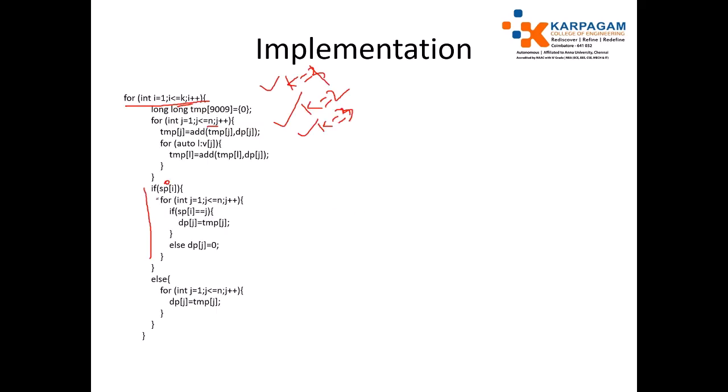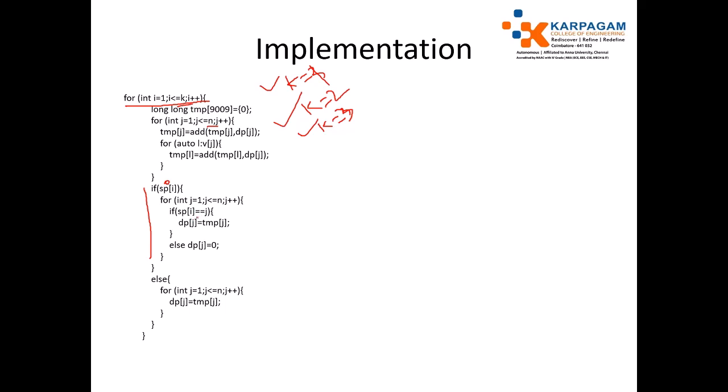Here, suppose SP of 0, SP of 1 equal to, for example, SP of 1 equal to 1, this condition will hold and we will go into the loop. Here we check all the nodes, whether we are having the values, and at every second whether we are trying to move to some other nodes or not.